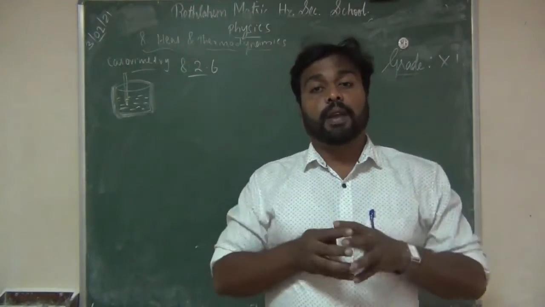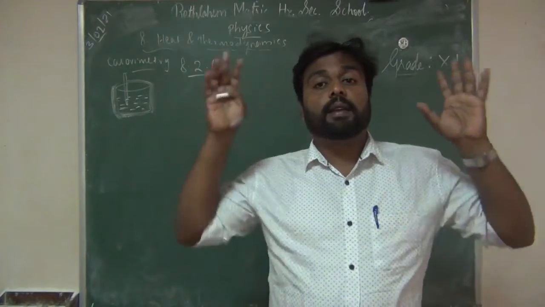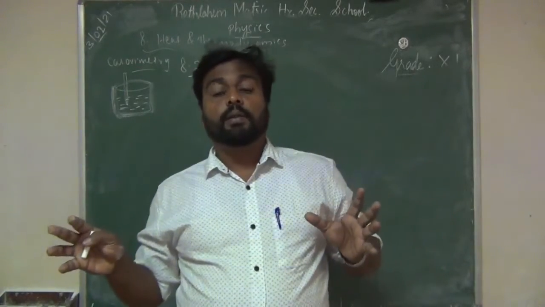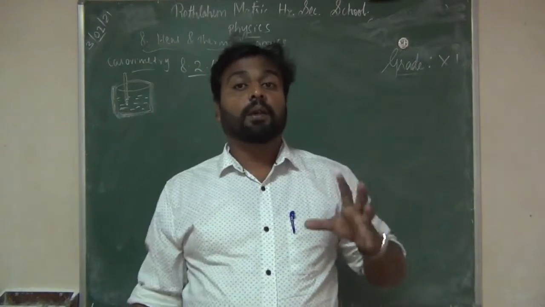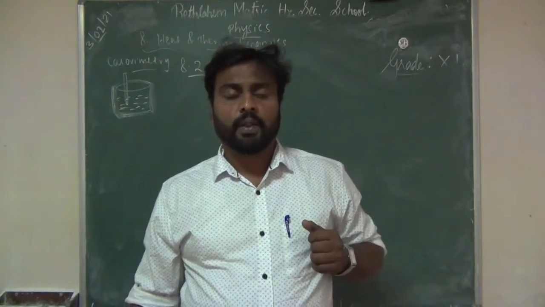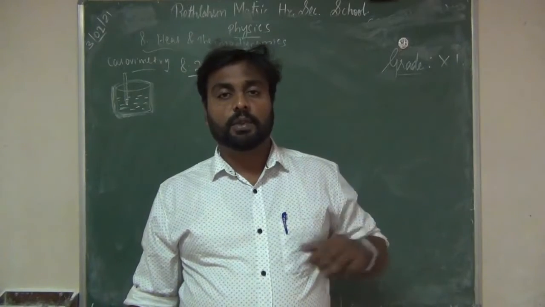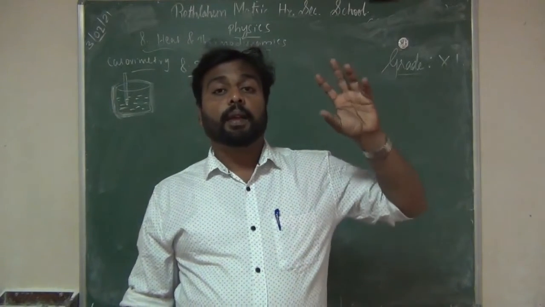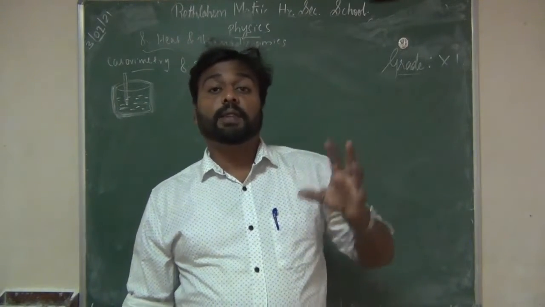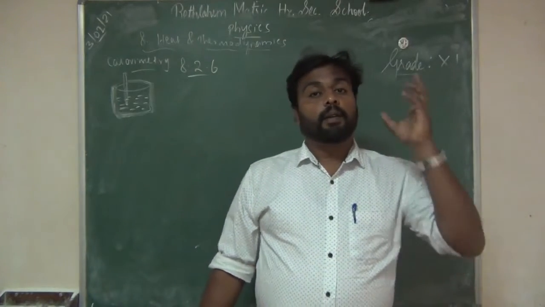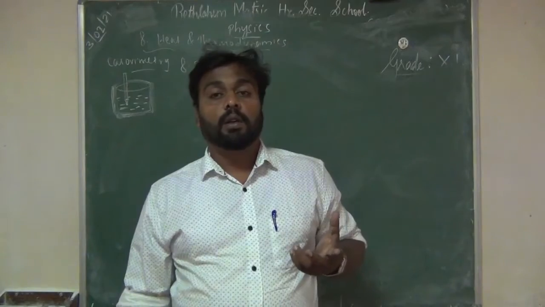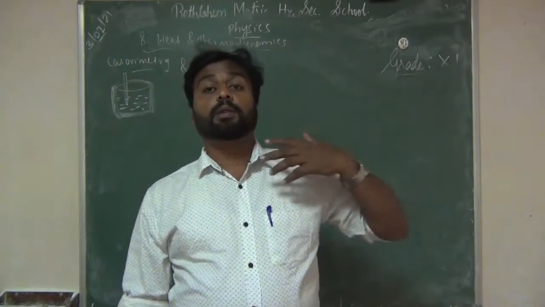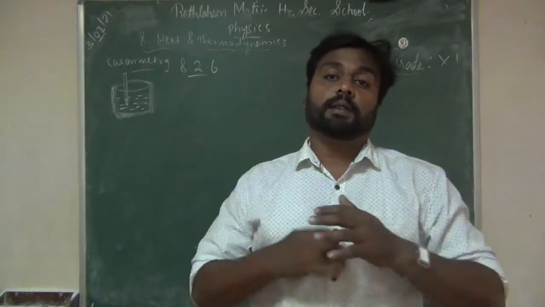This heat gain or loss is measured by using a method called calorimetry. Calorimetry is used to measure the energy or heat released or absorbed, the heat gain or heat loss, from a body.